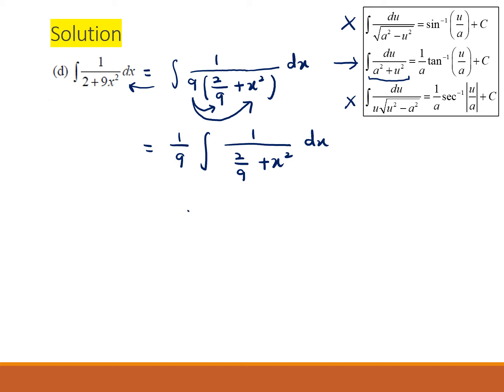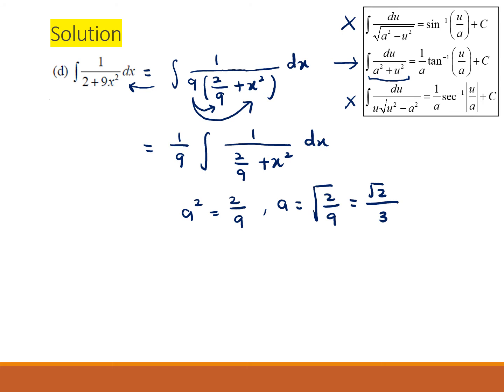We have a squared equals 2 over 9. So a will be equal to the square root of 2 over 9, or we can write it as square root of 2 over 3. And our u is x.